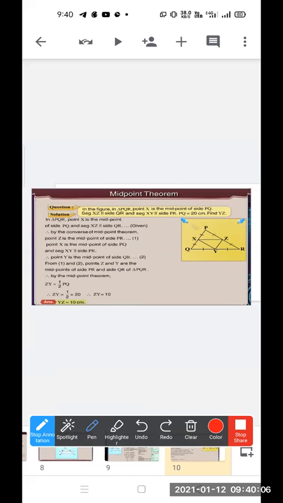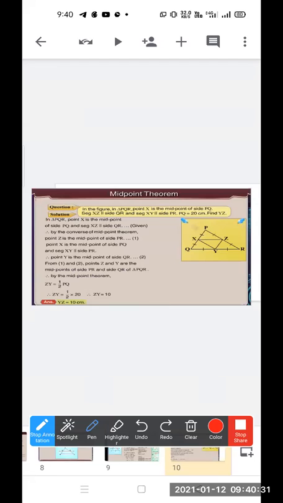Since it is given X is the midpoint of side PQ, if a line is drawn through the midpoint of one side of a triangle, here X is the midpoint of segment PQ, and parallel to the other side, so XZ is parallel to QR, given, then it bisects the third side.